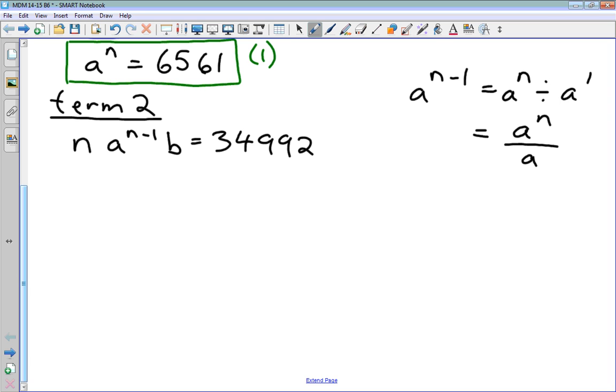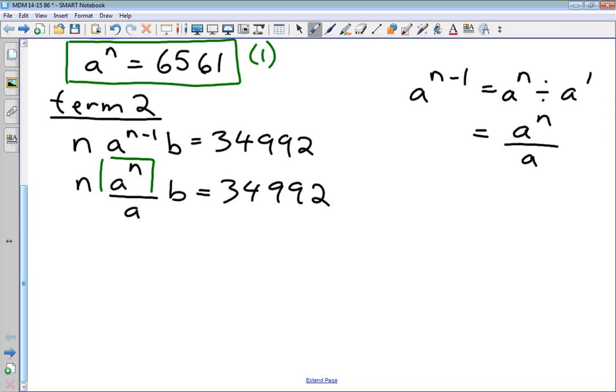So let's do that over here. This is n times a^n divided by a times b is our 34,992.